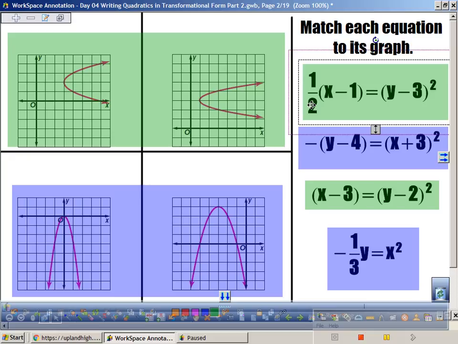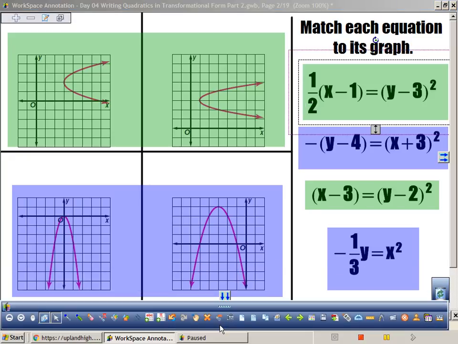You can't figure it out? Okay, in 5, 4, 3, 2, 1. Christina, can you tell me how you figured it out? Which one it is and how you figured it out?